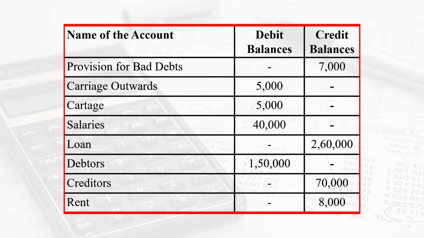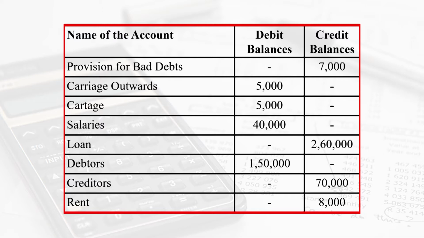Then the next one is provision for bad debts. Provision for bad debts is given as 7,000 rupees. This is what we call the old balance, the old provision. This is also known as old provision regarding bad debts, 7,000 rupees. Then carriage outwards, 5,000 rupees.